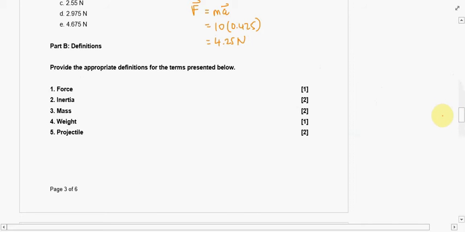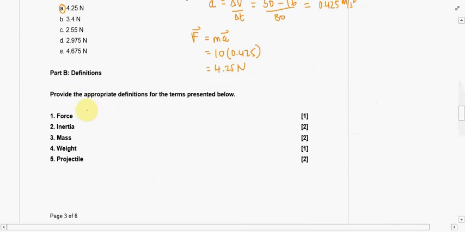Some definition terms. This is all theory and very brief, so let me just give a quick overview. Force is basically a tendency to push or pull, and therefore causes a change in motion.